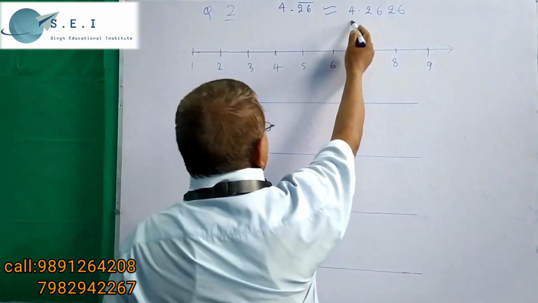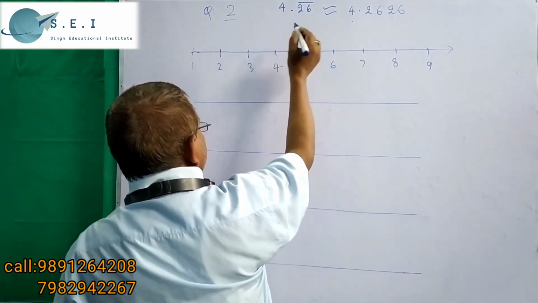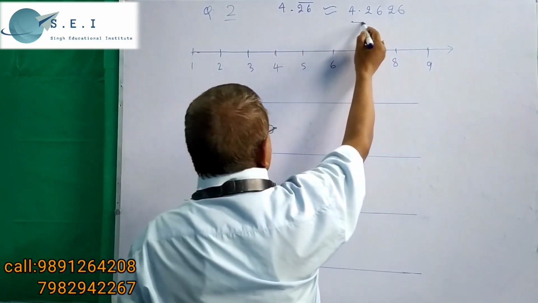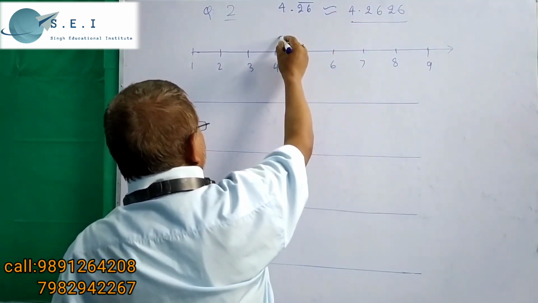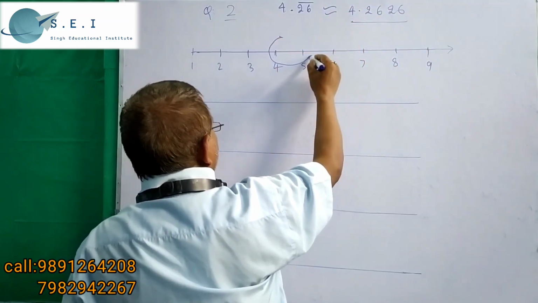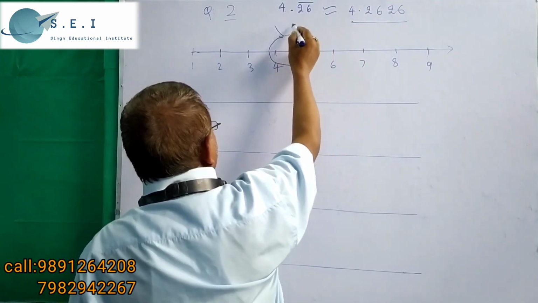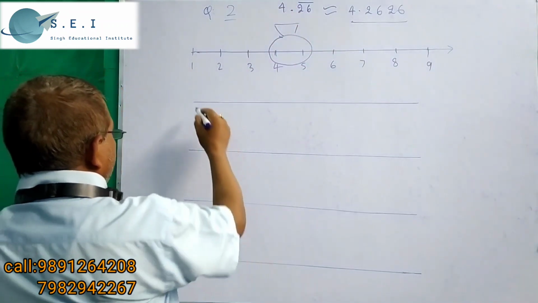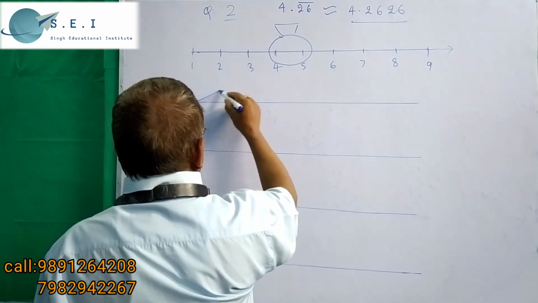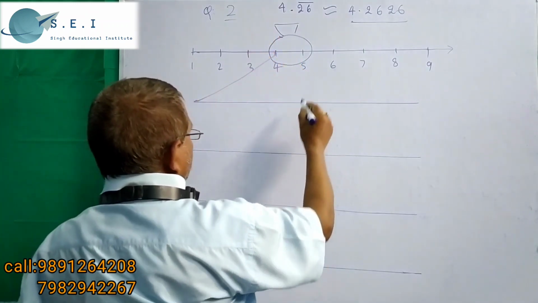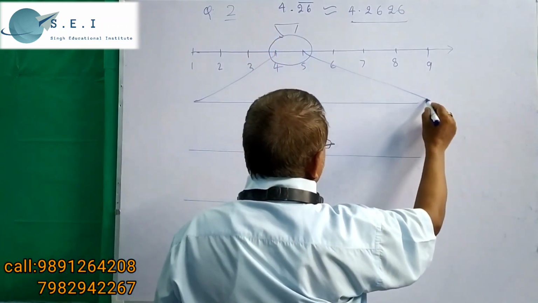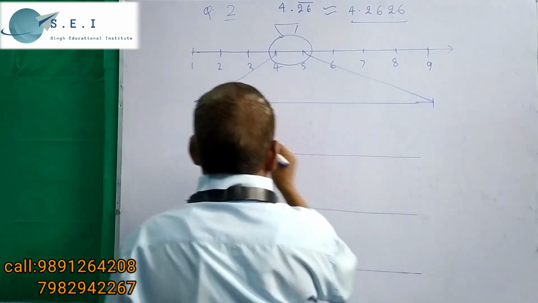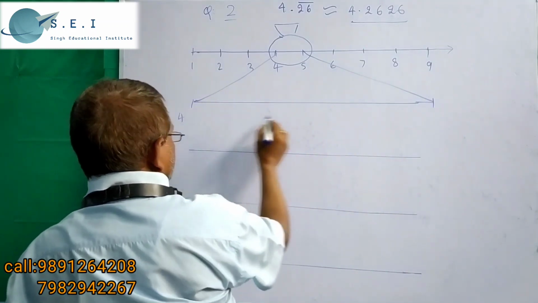This number lies between 4 and 5. It means the number is greater than 4 and smaller than 5. So first we magnify this 4 and 5 and take it at a larger, wider range. So this is 4 and this is 5.